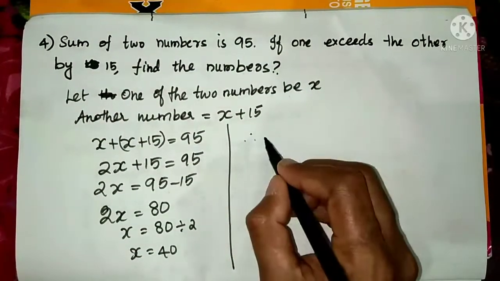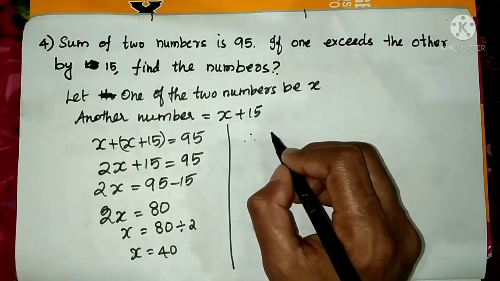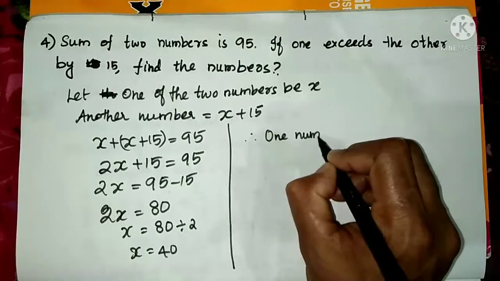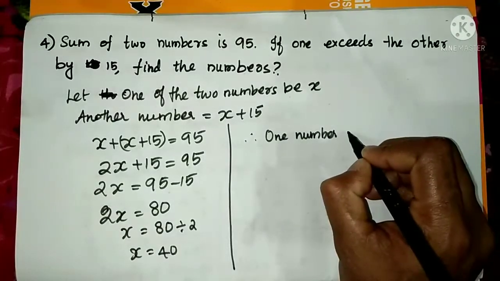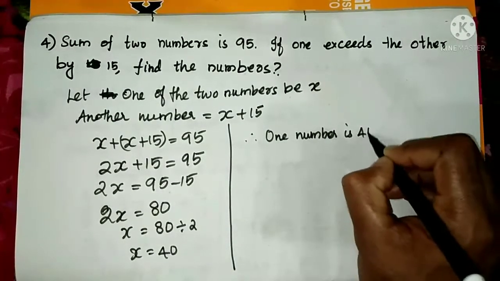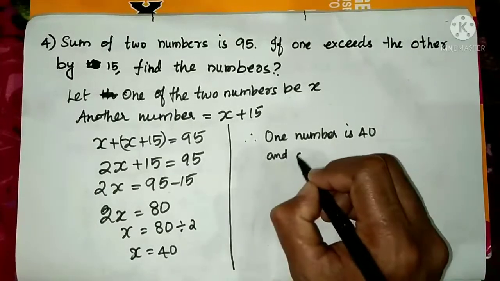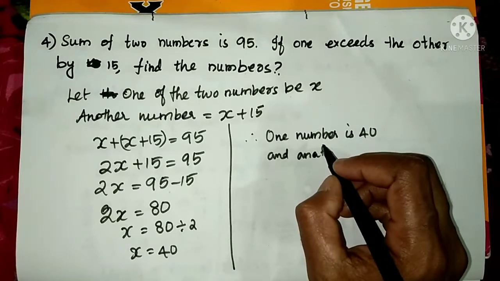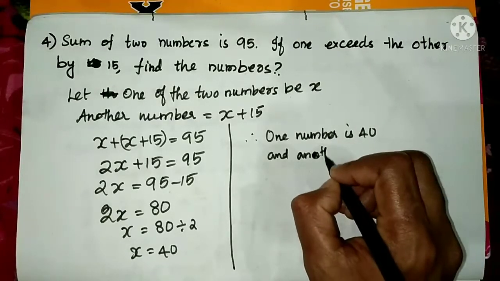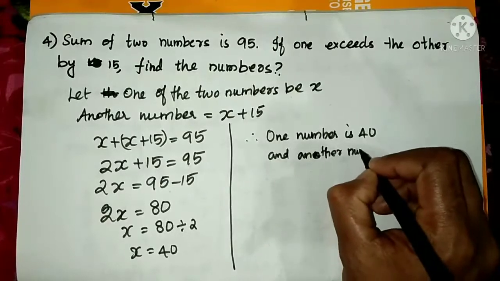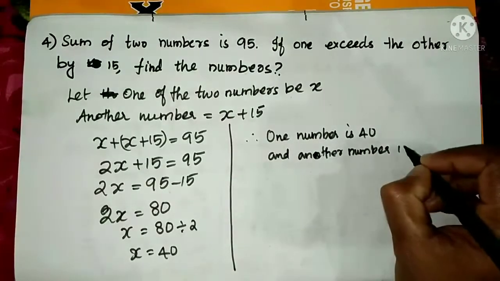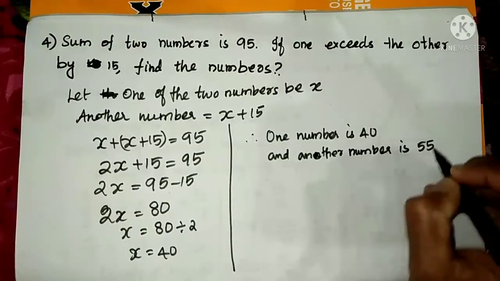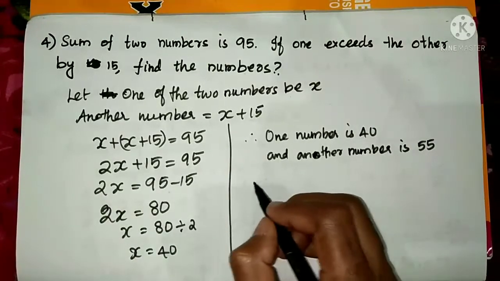So we can say, therefore, one number is 40 and another number is 55, because we have to add 15 to that.